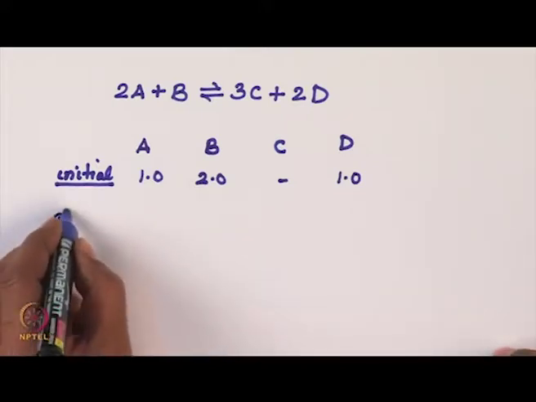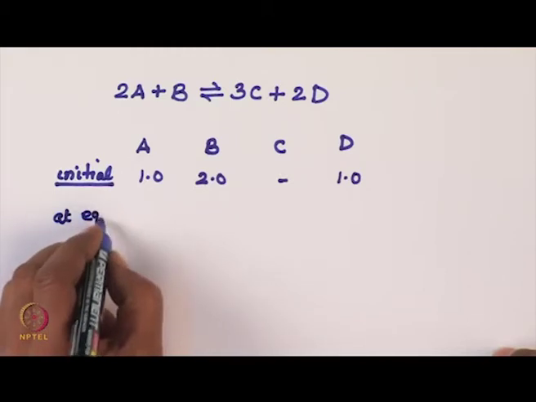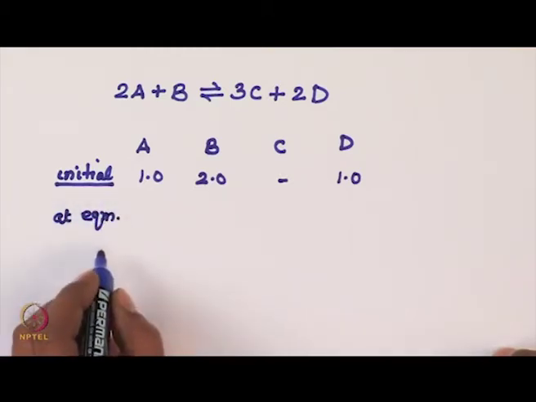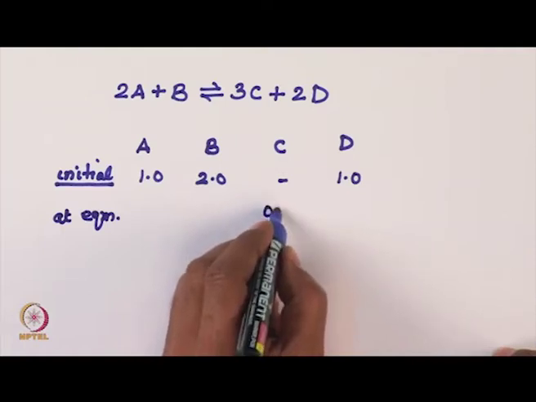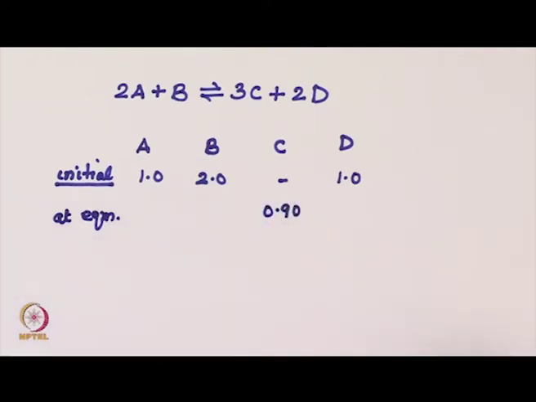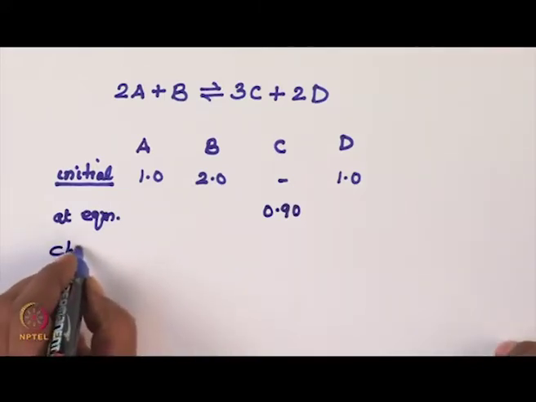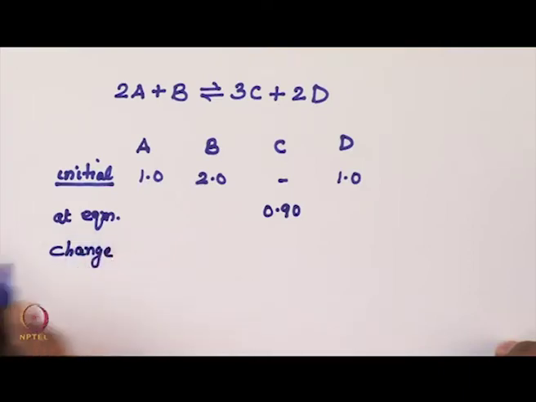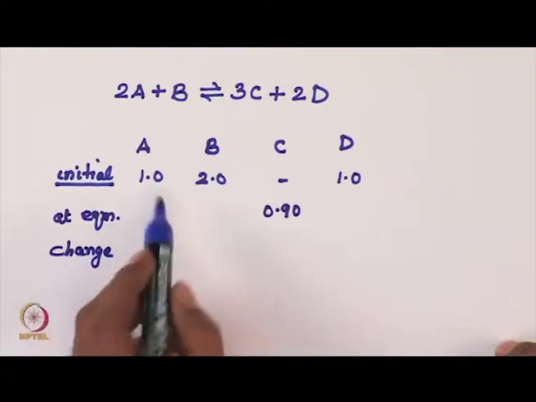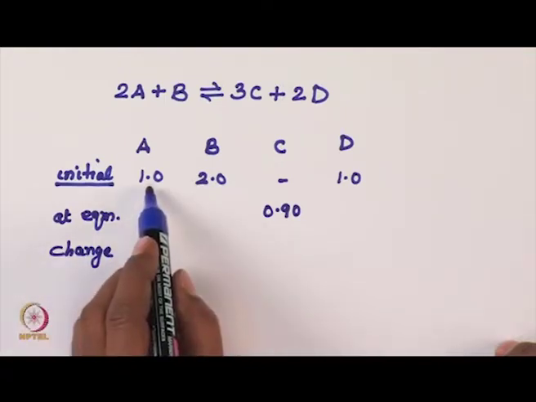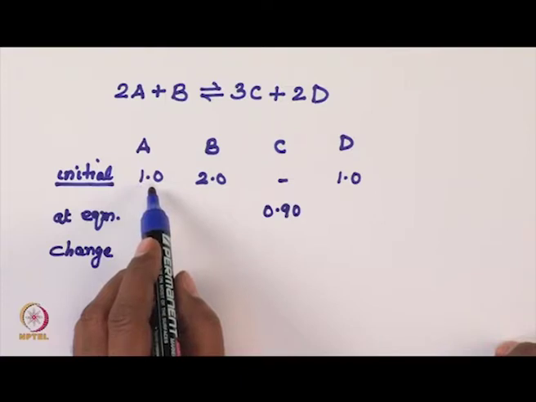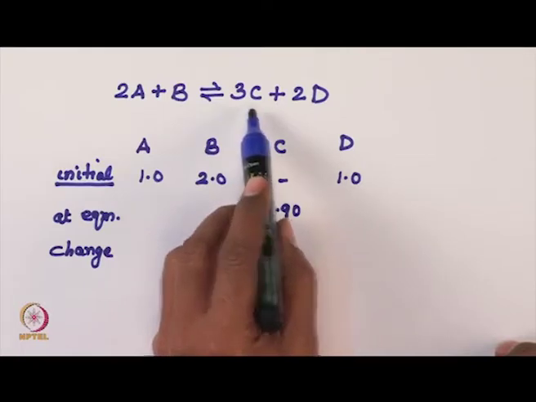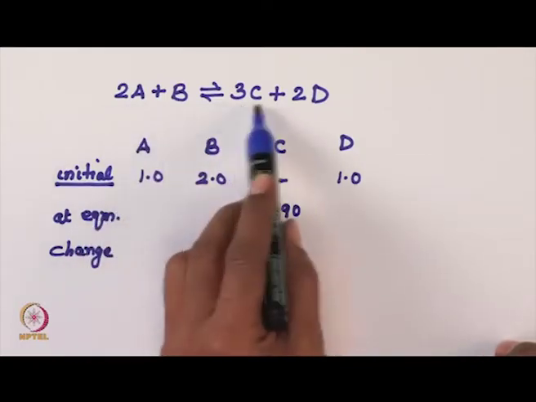So if I write at equilibrium, 0.9 moles of C were formed. What is the change if I calculate the change? How much will be the change for A? If you look here, 2A forms 3C.